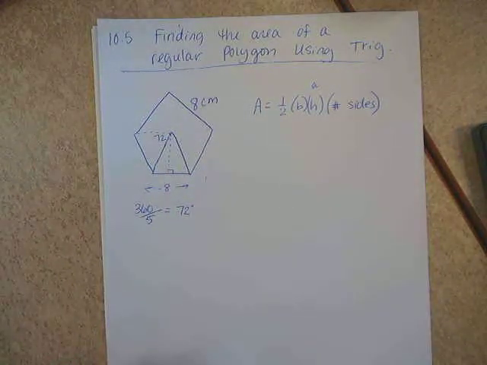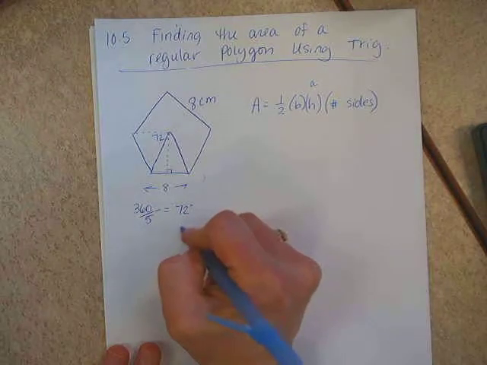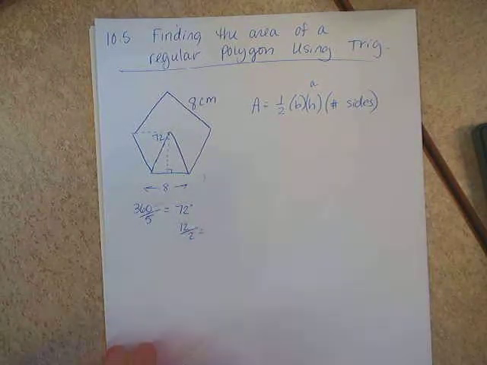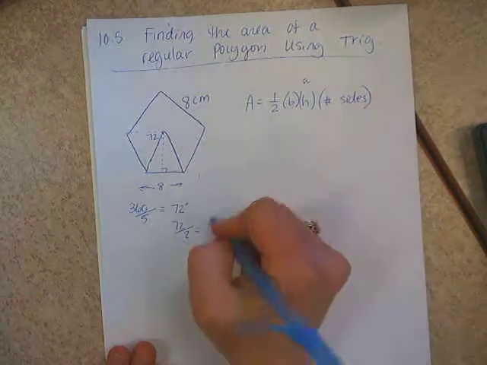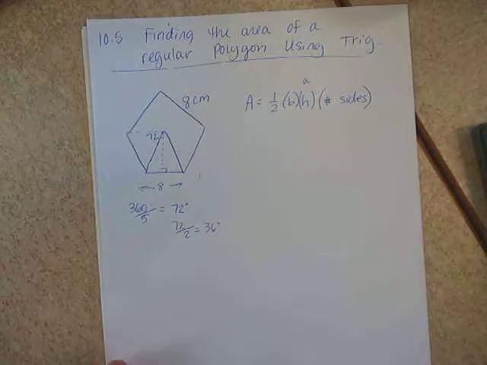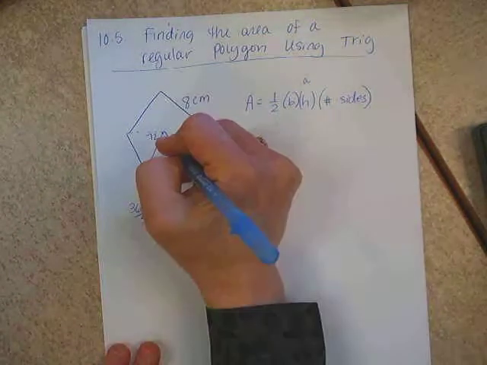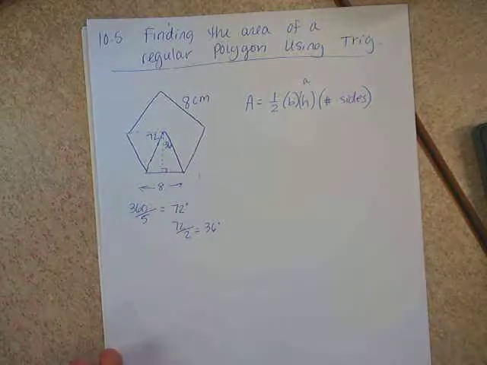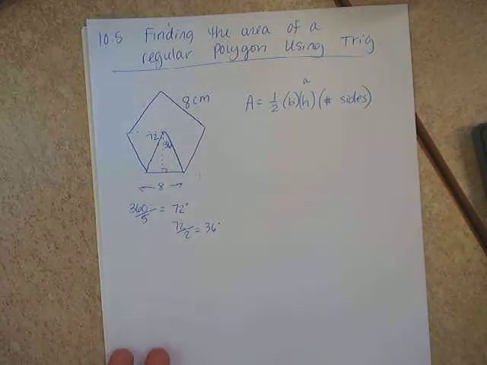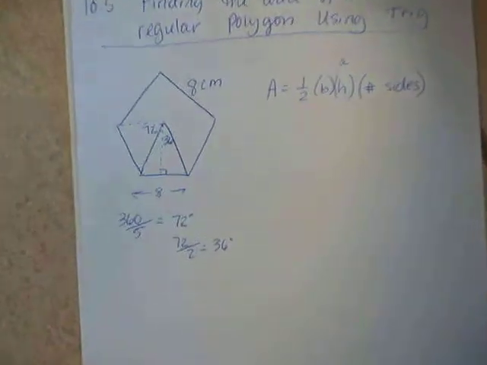And you've learned this already, but what happens to that central angle when you put in the apothem? It's cut in half. So you're going to do 72 divided by 2, which is 36 degrees. So this angle right here is 36.